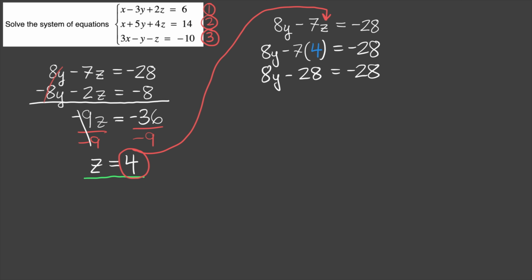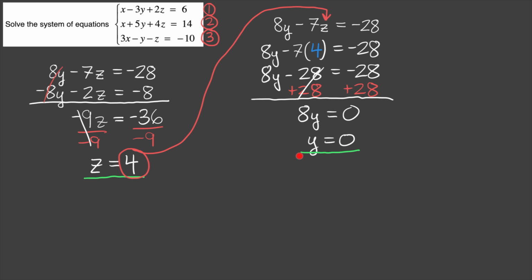We're going to add 28 to both sides to move that over. 28's cancel. 8y equals 0. We divide both sides by 8, and then 0 over 8 is just 0.